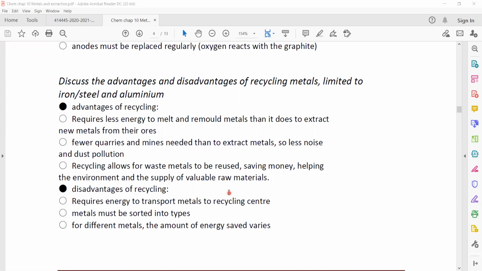First you have to sort out the metal, like this material is made up of iron, this is steel, this is aluminium, so you have to sort them out. And it requires energy to transport the metal from one place to another, and different metals require different amounts of energy to recycle.